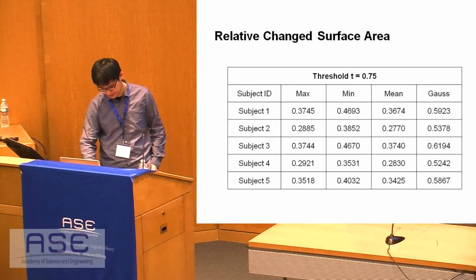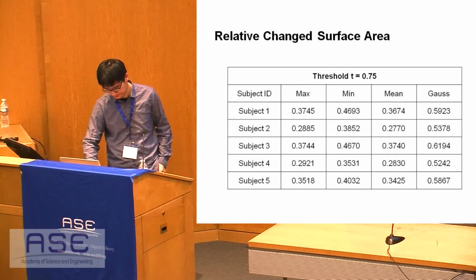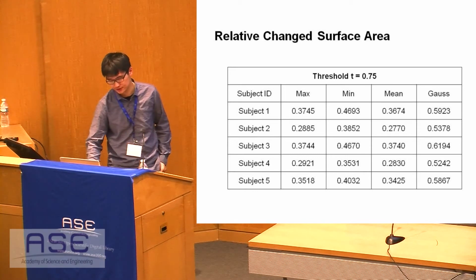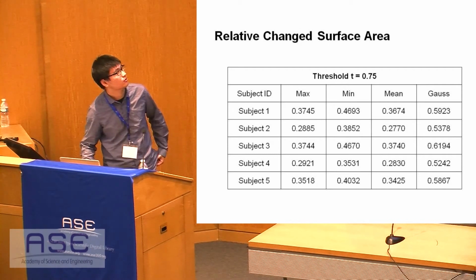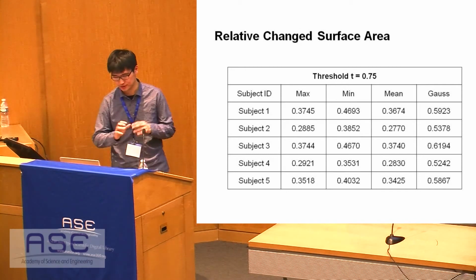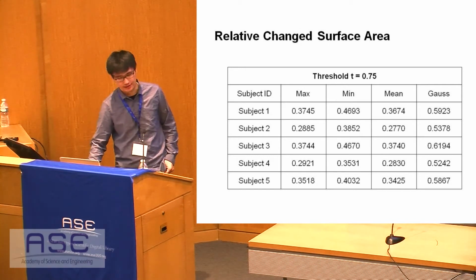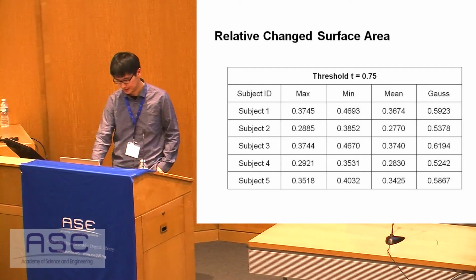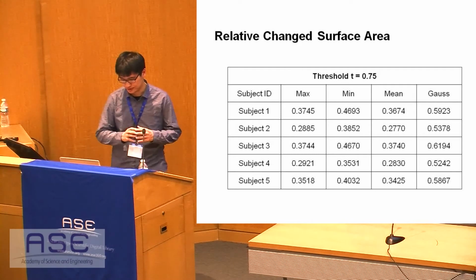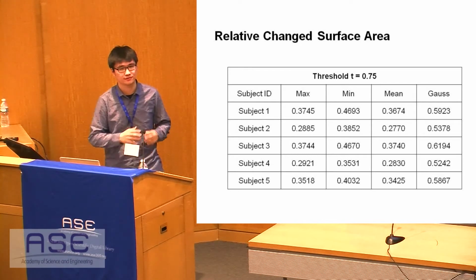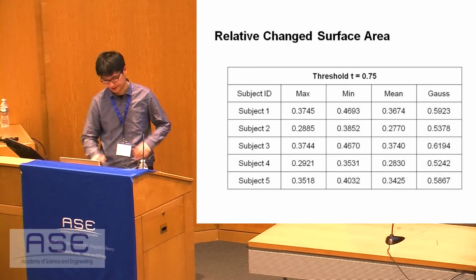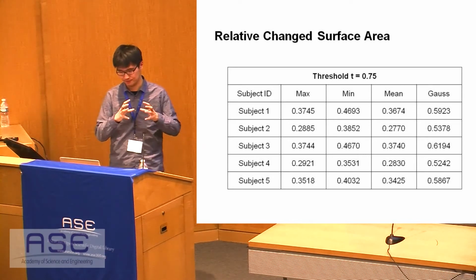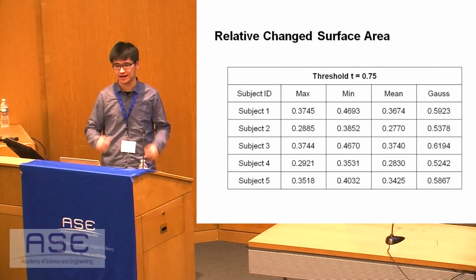We also tried different thresholds: a quarter, 0.5, and 3/4. I just want to mention that from the doctor's view, this kind of measurement is informative because it describes how dramatically the baby's head changed.